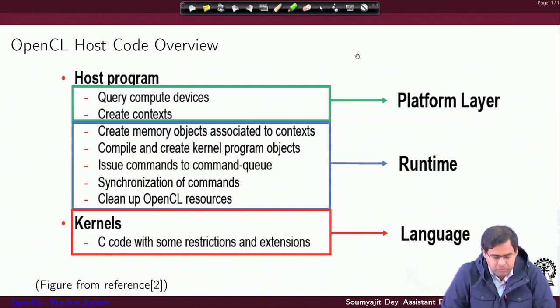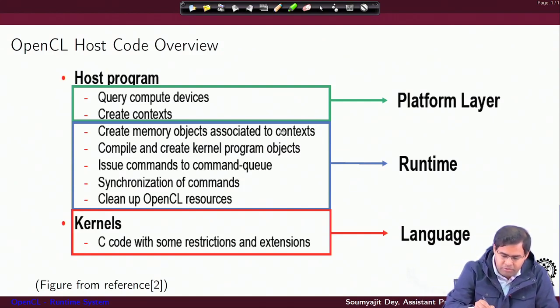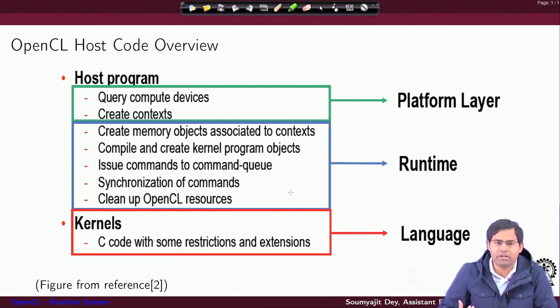And then in the next part, we have the things that you do after the contexts are created across different platforms. Or if I have a very simple architecture, I may be creating a context inside the same platform.